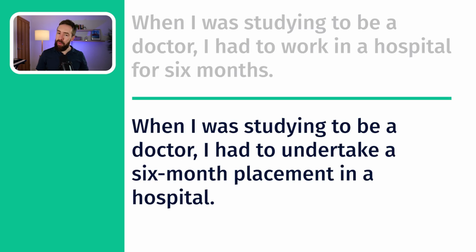We could say, when I was studying to be a doctor, I had to undertake a 6-month placement in a hospital. So already just by adding undertake and placement, undertake means to do, and placement we know now, we're making that sentence much higher level. That's the difference between like maybe 110, 120 score and 160 score.